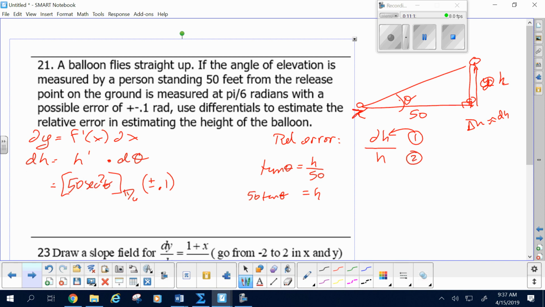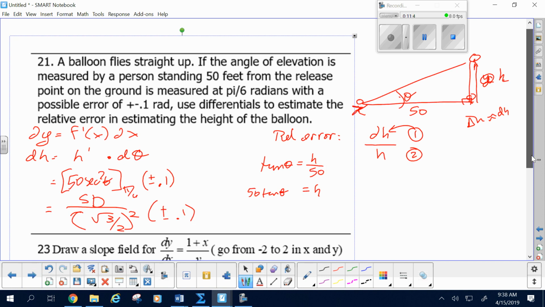Okay? Now, gosh, this is a little kooky here. 1 over 50 on top. And secant squared is the same as 1 over cosine squared, right? What is cosine of pi over 6? Is it 1/2 or root 3 over 2? Root 3 over 2 times plus or minus 0.1. Are we cool?